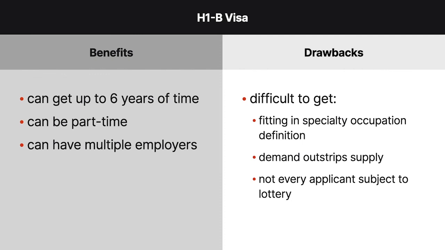So people subscribe to the lottery, and recently probably less than 1 out of 3 are actually getting picked, and those are the only people who get to apply. Not every H-1B applicant is subject to this lottery. We'll discuss those in a minute, but most of them are. However, Chile and Singapore, foreign nationals from those countries, are able to get around this. And that is through what is called the H-1B1 visa. Slightly different. We'll touch on that as well.